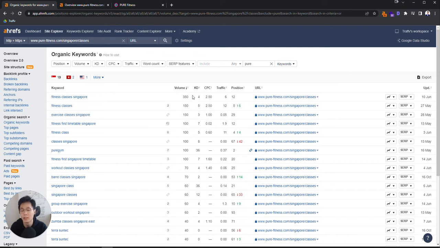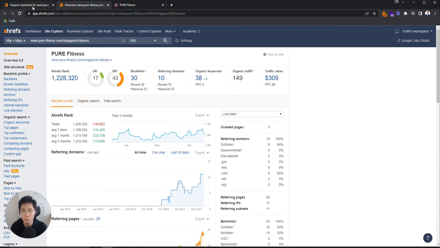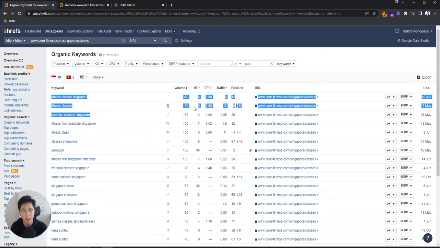That's why it's very good for you to look at the metrics overall to decide: these three keywords are important, but which one, based on this website's portfolio, is the easiest to rank for? We can map this keyword to this page, but if the keyword difficulty is at 80, then it's going to be an uphill battle, because the competitors you are going up against have a lot more resources and their domain is a lot more authoritative.